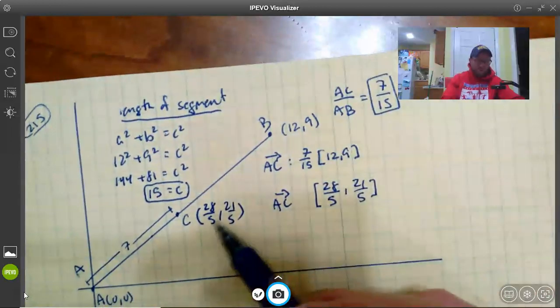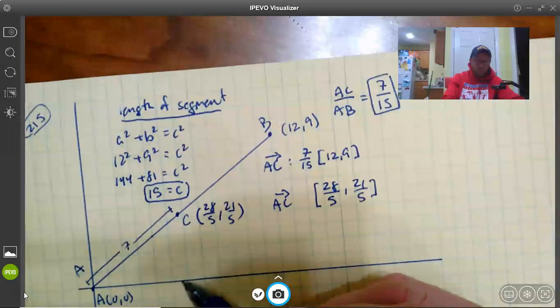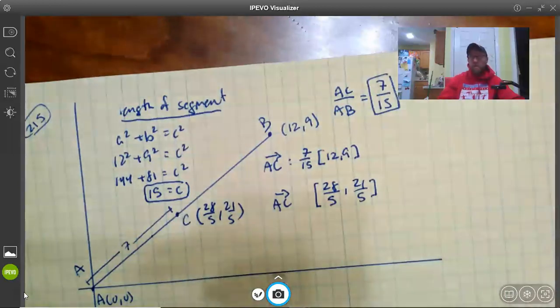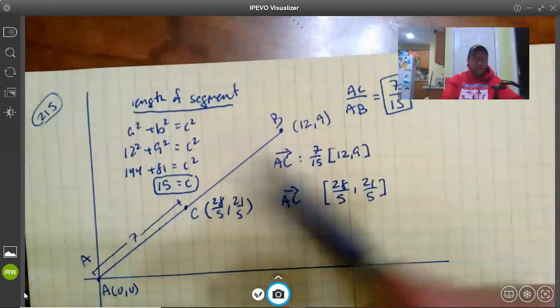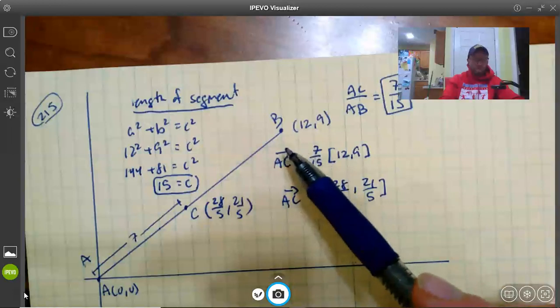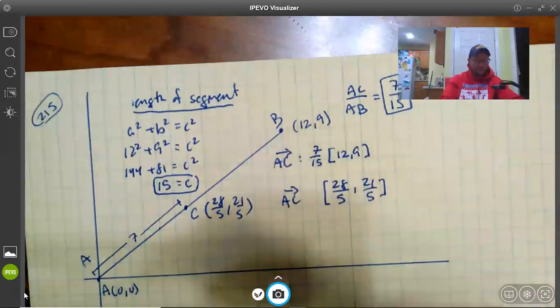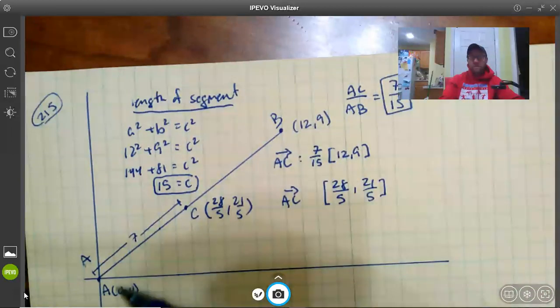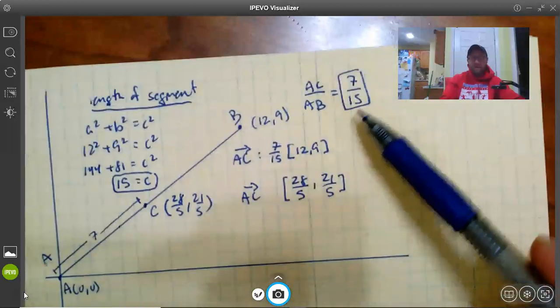That was like 5 3/5, so 1, 2, 3, 4, 5, and a little bit more. 21/5 is 1, 2, 3, 4, and a little bit more, so it looks pretty reasonable. So again, the overall procedure was to find the entire length of the segment, and find out what fraction this length is of the entire, and that was pretty easy.